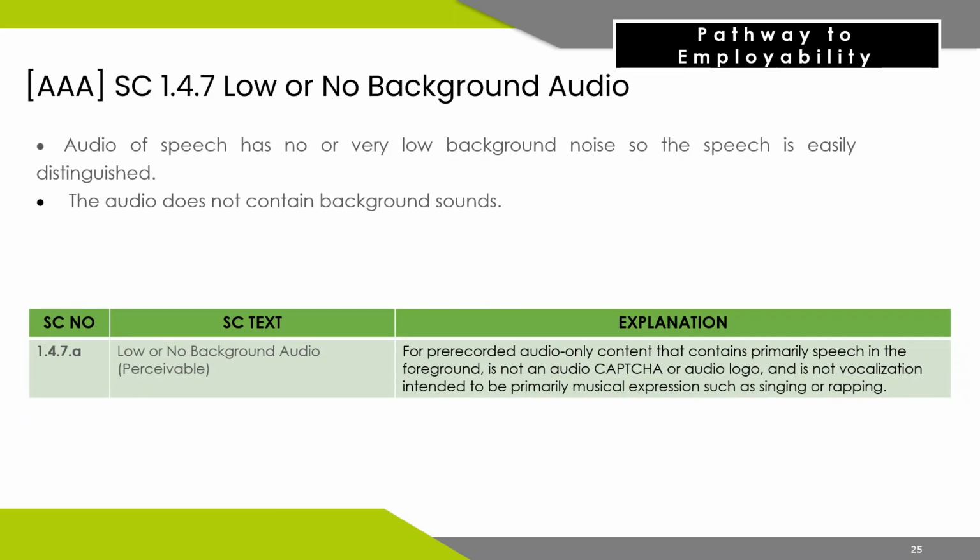The requirements for success criterion 1.4.7 Low or no background audio are 1.4.7.a Low or no background audio, perceivable. For pre-recorded audio-only content that contains primarily speech in the foreground, is not an audio CAPTCHA or audio logo, and is not vocalization intended to be primarily musical expression such as singing or rapping.